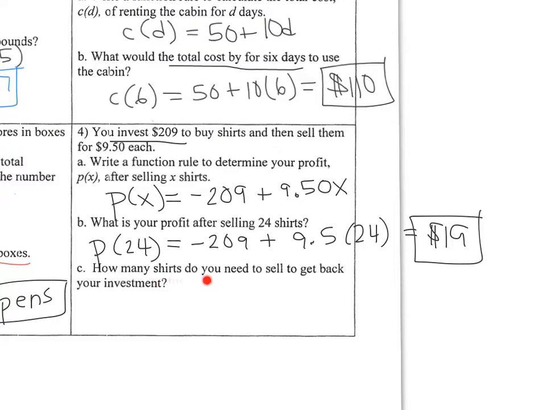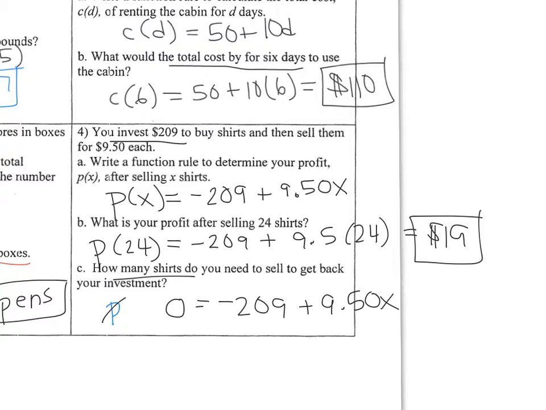How many shirts do you need to sell to get back your investment? So when is your profit equal to 0? So if I let profit be 0, I'm going to let this part be 0 equals negative 209 plus 9.50x.